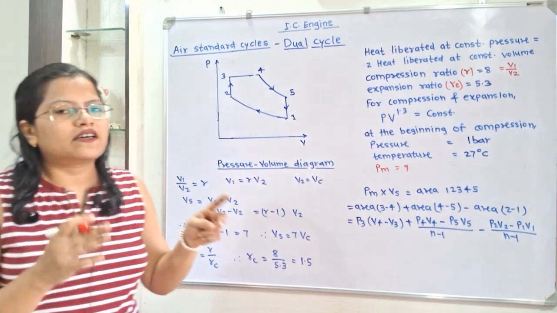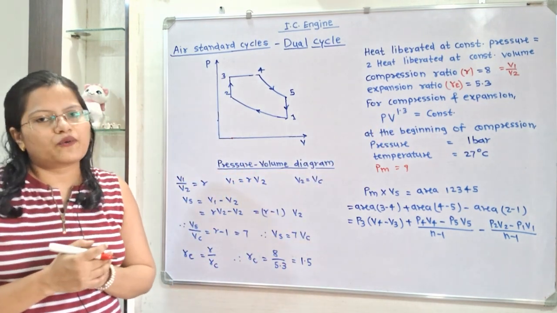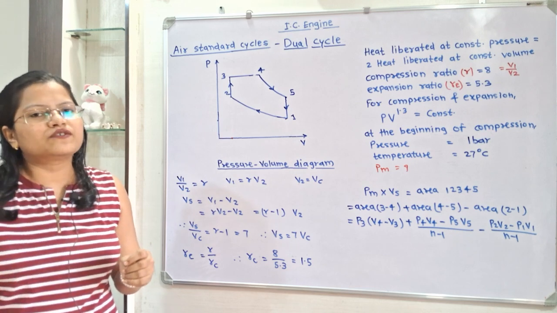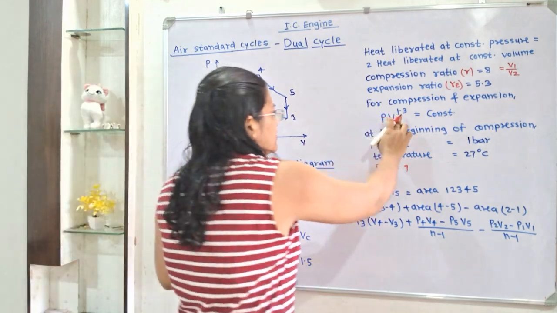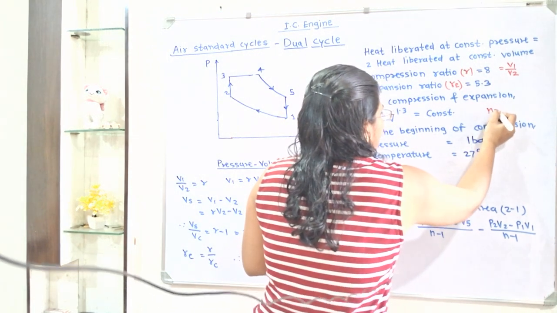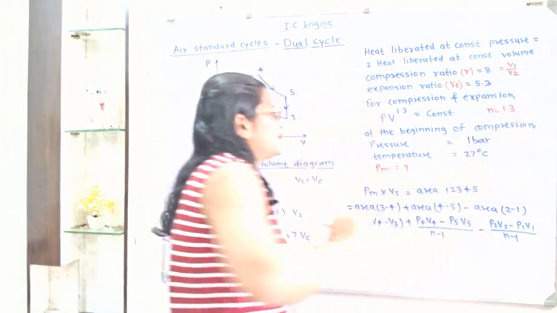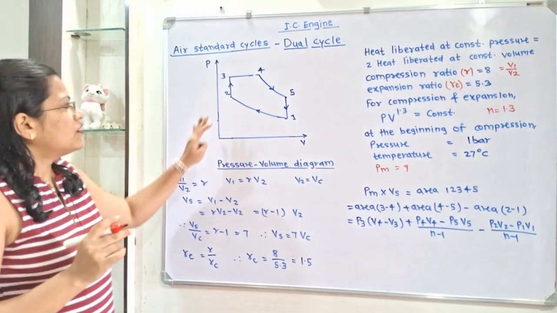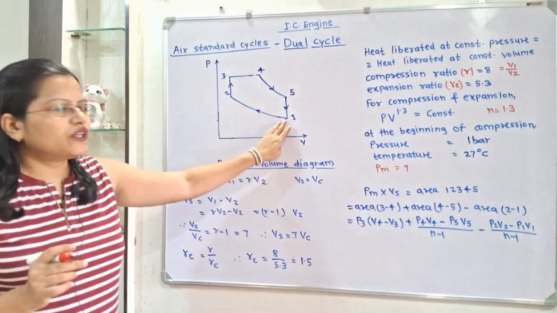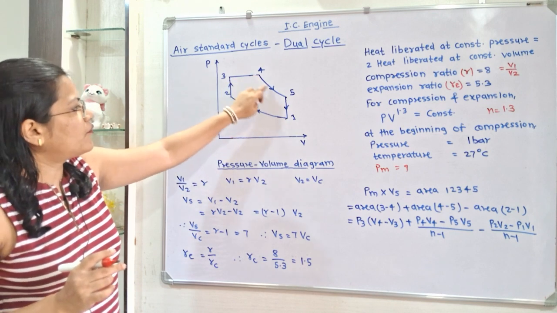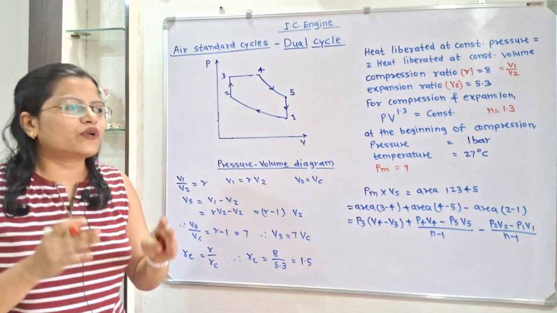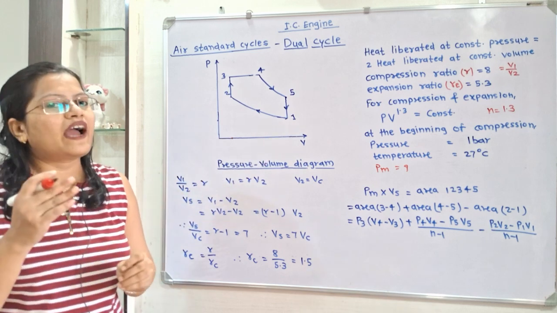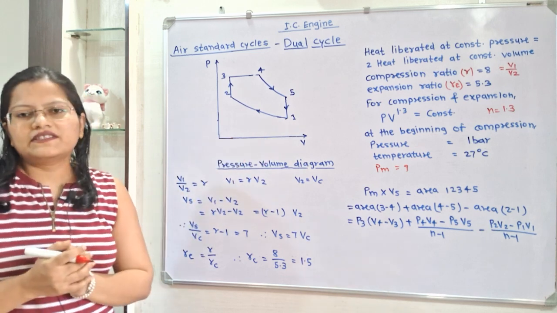So, we will consider n equal to 1.3, because the value of gamma is 1.4. So, when for the calculation we use the process 1 to 2 or 4 to 5, instead of gamma we have to use the term n and take the value 1.3.